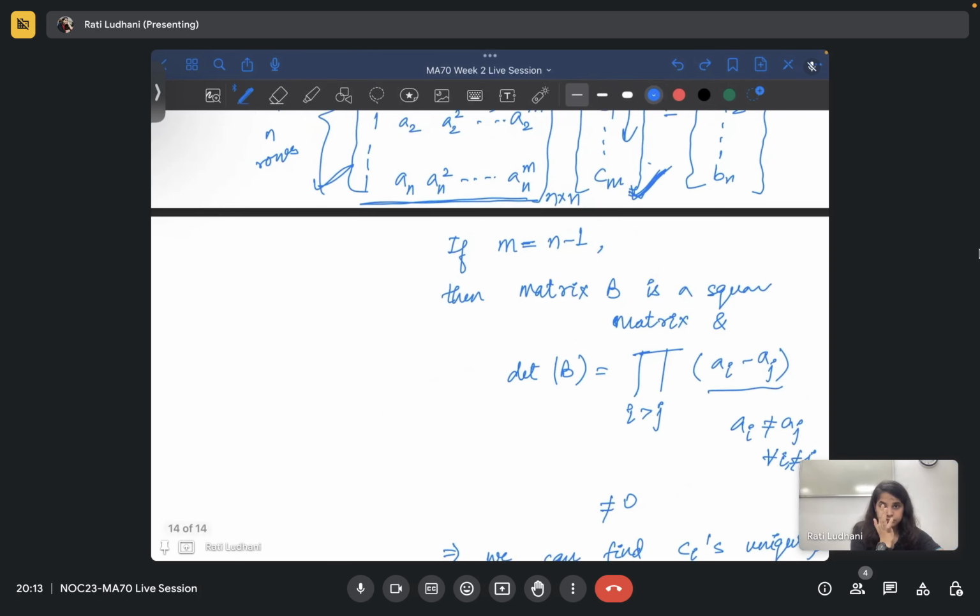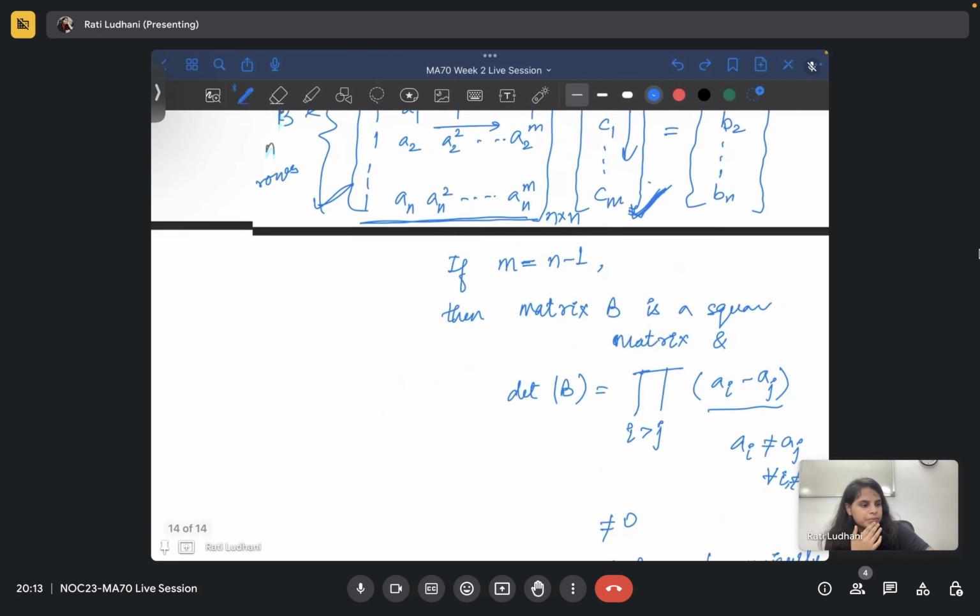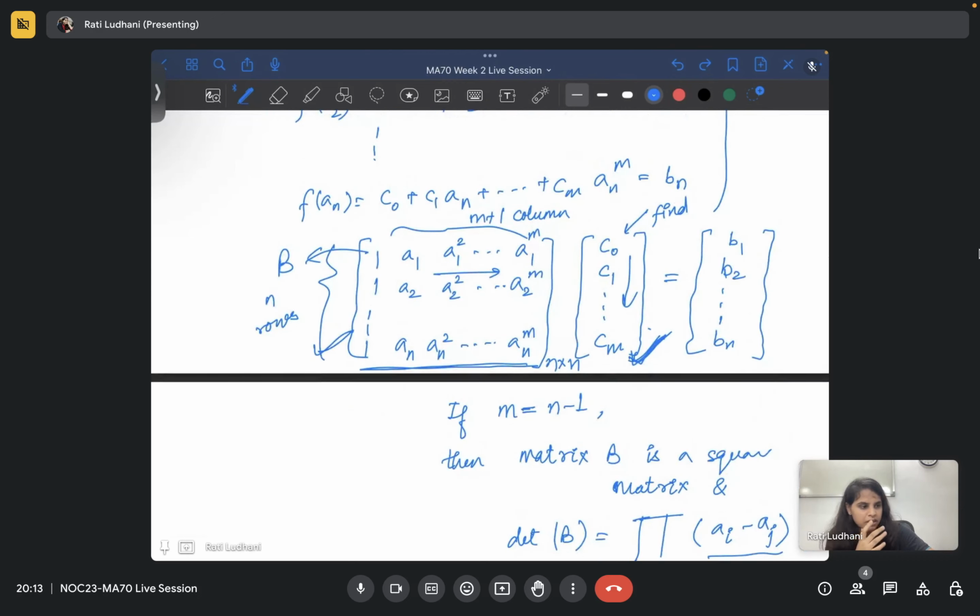Is that clear? Can you explain the last part? Okay. If the determinant is non-zero, you can invert it. So you have this system. From linear algebra, we have Bx equals c, with B being n cross n, and x and c being n cross 1.